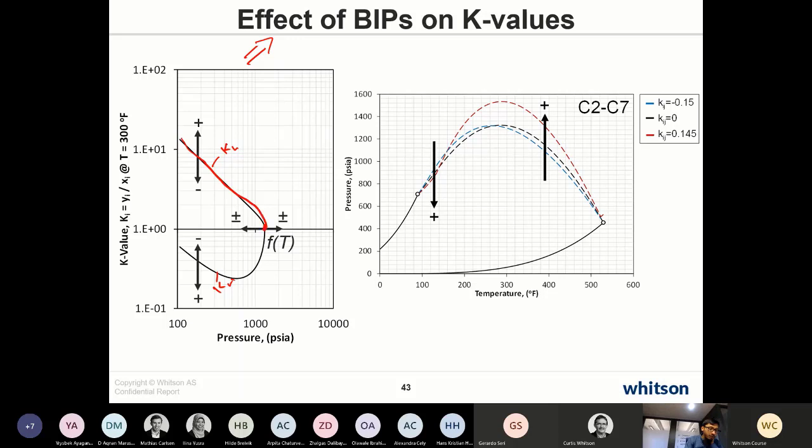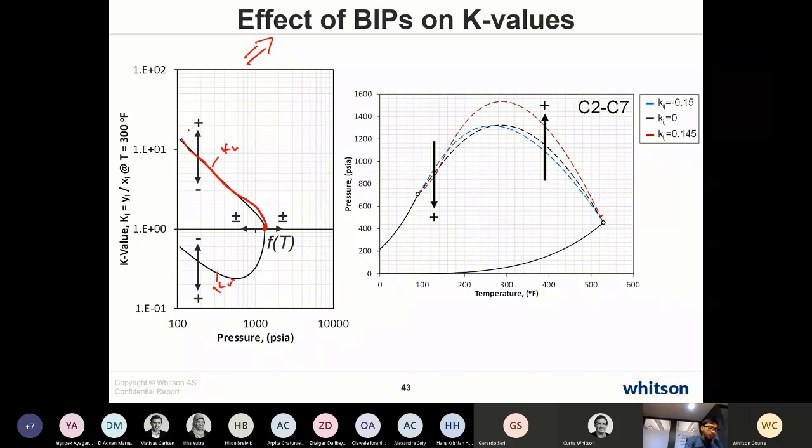This is the convergence pressure, and at low pressures, the way the binary interaction parameters affect the K values is that, as we saw before, if you have a positive binary interaction parameter, or if you increase it in the positive direction, the K values of the lighter and heavier fractions start moving apart from each other.